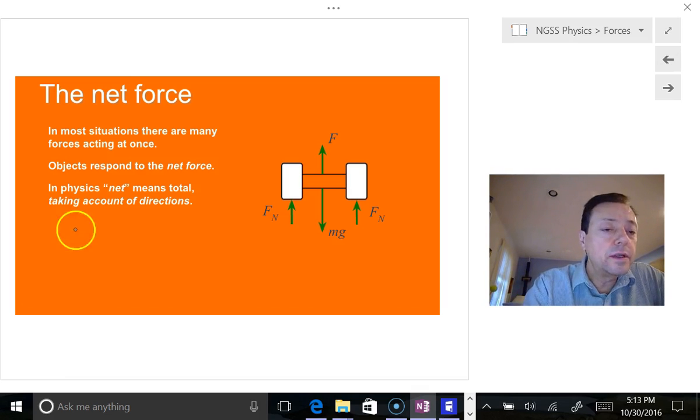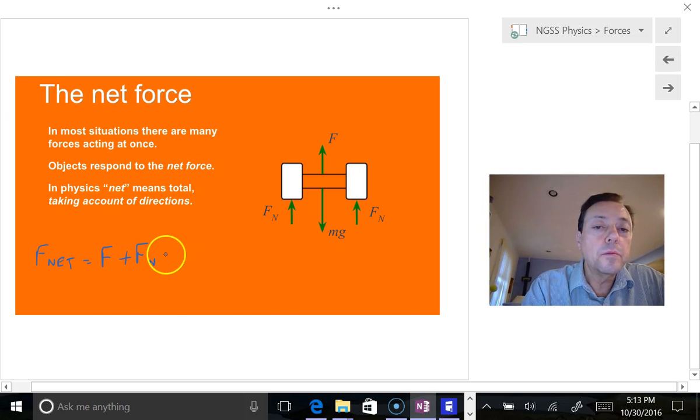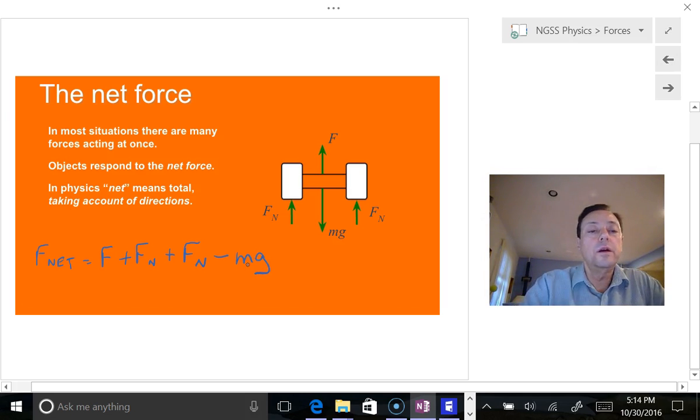So if I wanted to find the net force here, what I would do is add F, which goes up, plus the normal force, plus the second normal force over on the other side, minus the weight because that goes down. So this sum would tell me what the net force is.